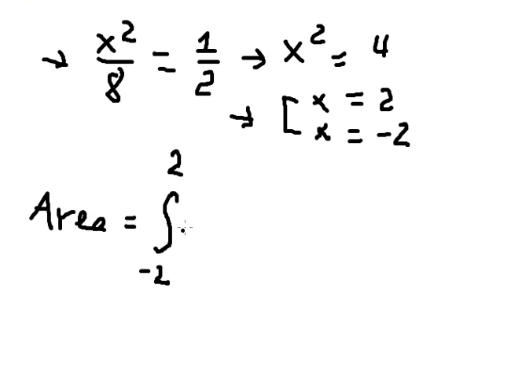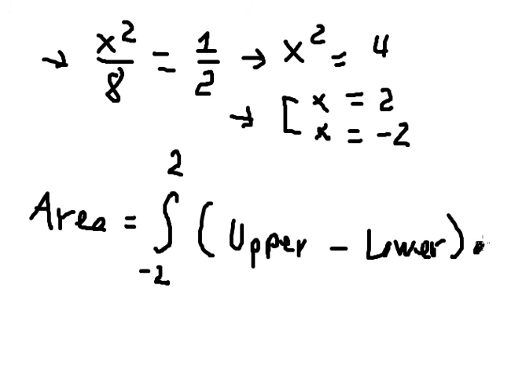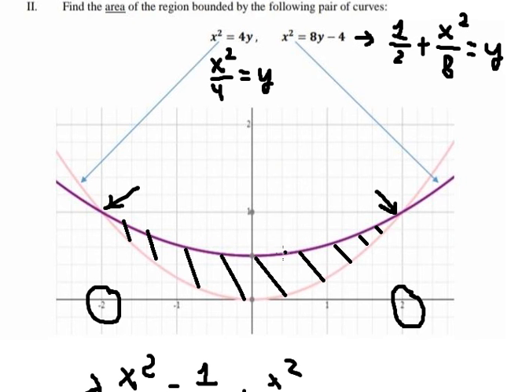So we need to use upper minus lower. The upper, that's the dark purple. So that should be this one.